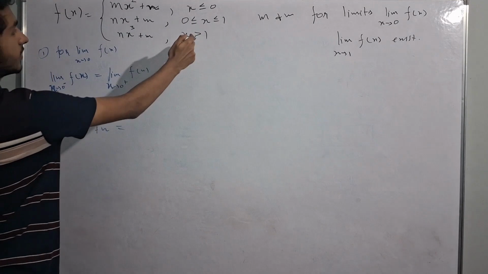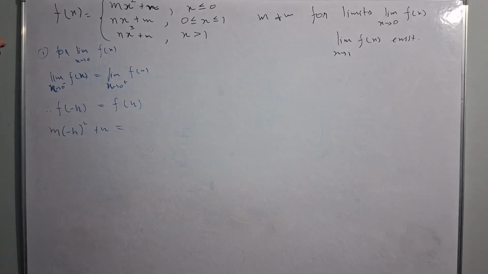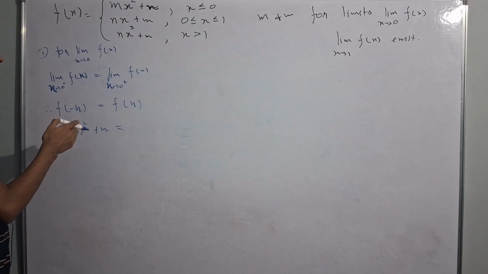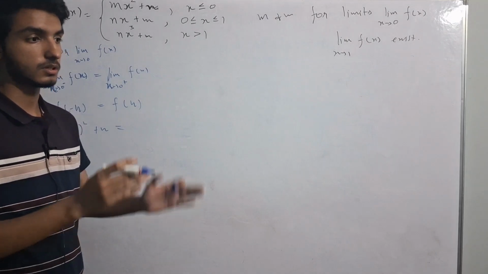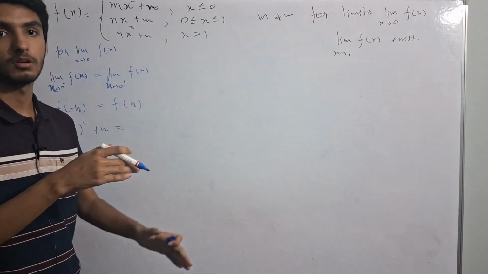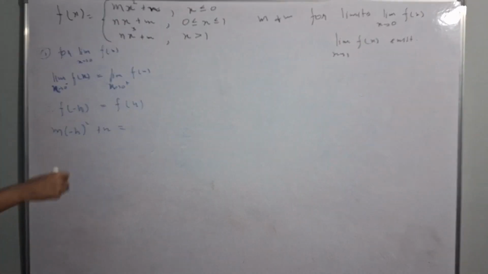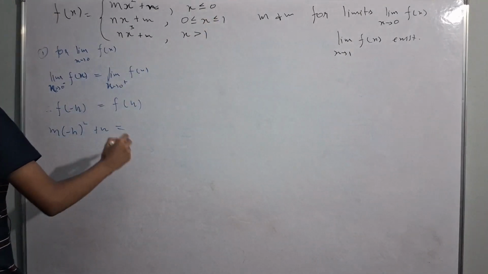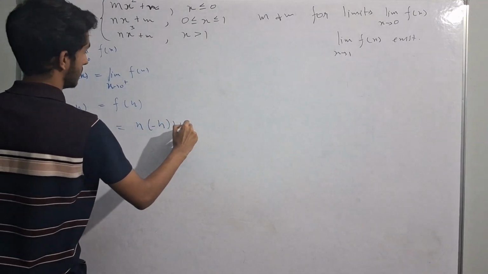So also x is greater than 1, that does mean that x is greater than 0 as well, but that is what limits are about. X is greater than 0, that means x is just greater than 0. So the gap is infinitesimally small between 0 and x. So we'll go with this equation. So it is equal to n into minus h plus m.